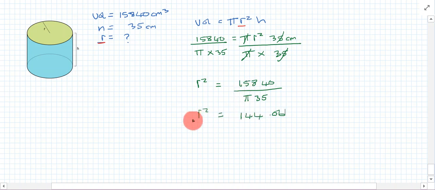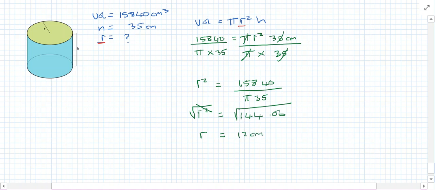Now what we want to do next is get rid of this power or indice here. So the opposite of a power is a square root. So to get rid of that power and just leave r on its own, we have to take the square root of this. If we take the square root of this side, we have to do the same on this side as well. So by square rooting this and this, it cancels out, and you'll just be left with r, the radius, is equal to the square root of 144.06, which is equal to 12 centimeters.